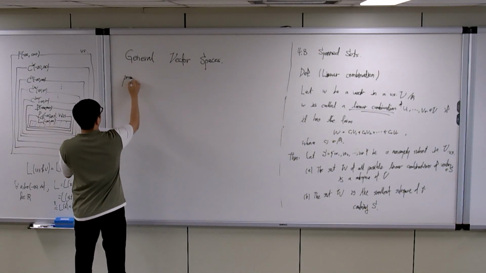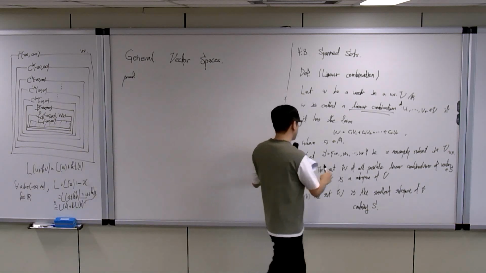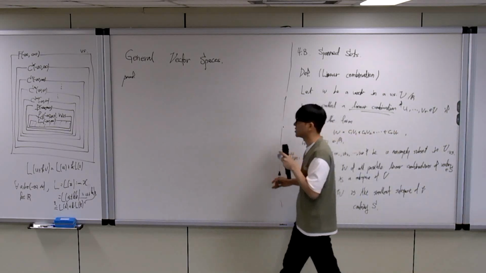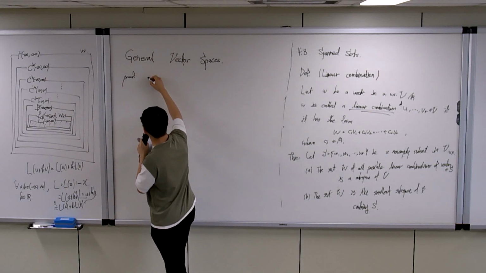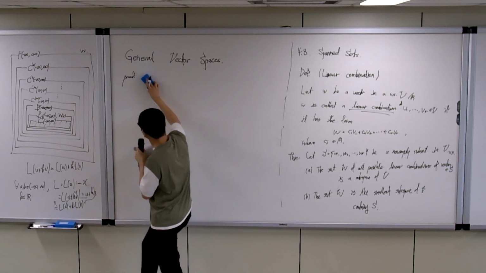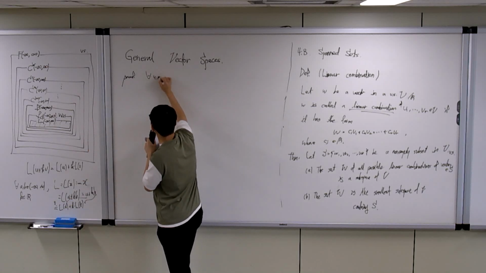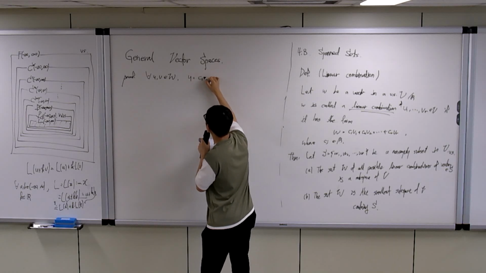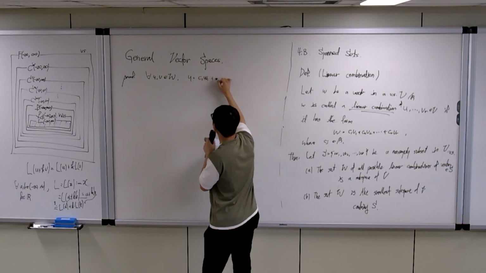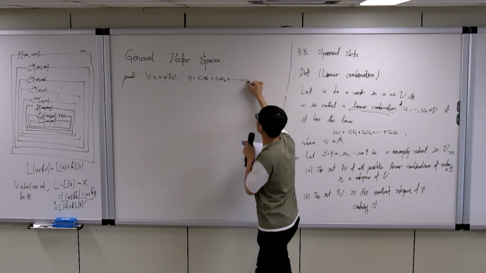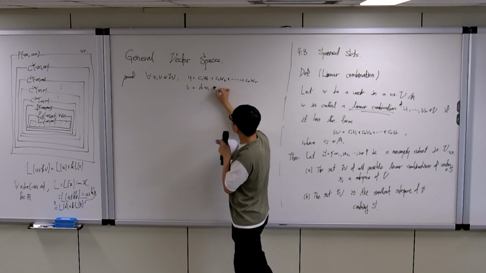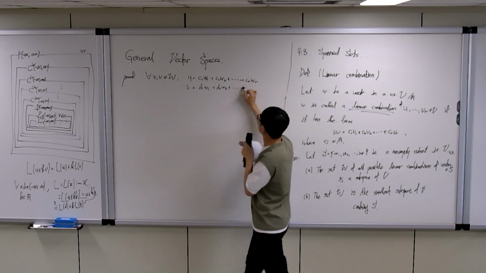So to check it, if you bring two elements of linear combinations in W, I will denote them U and V. That means U is C1 W1 plus C2 W2 up to CR WR, and V is D1 W1 plus D2 W2 up to DR WR.